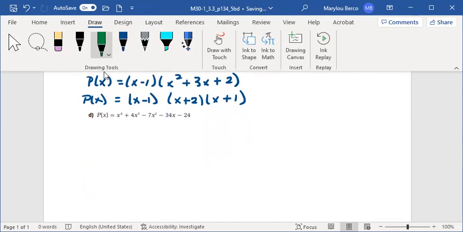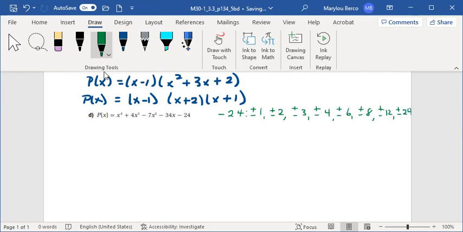Okay, possible integral zeros of the polynomial are the factors of the constant term, so factors of minus 24, which are plus or minus 1, plus or minus 2, plus or minus 3, plus or minus 4, plus or minus 6, plus or minus 8, plus or minus 12, and plus or minus 24.